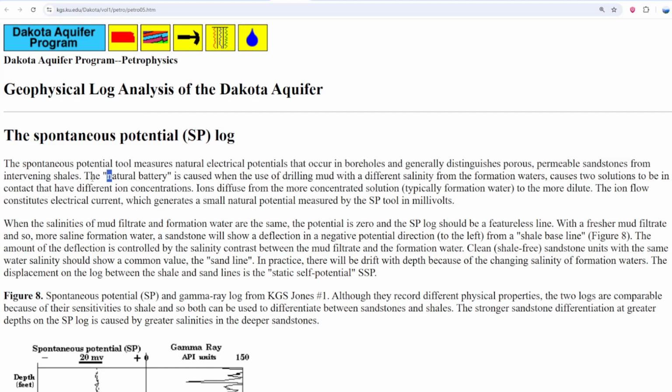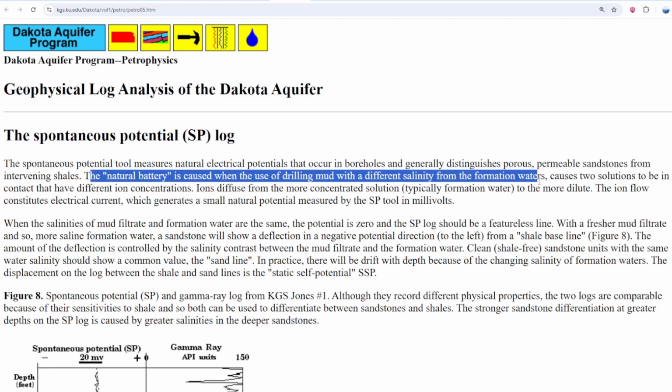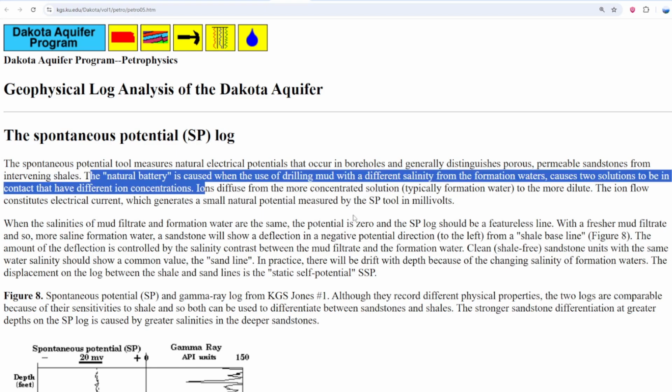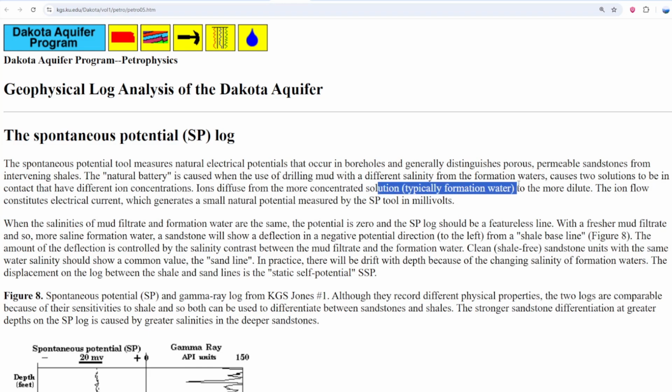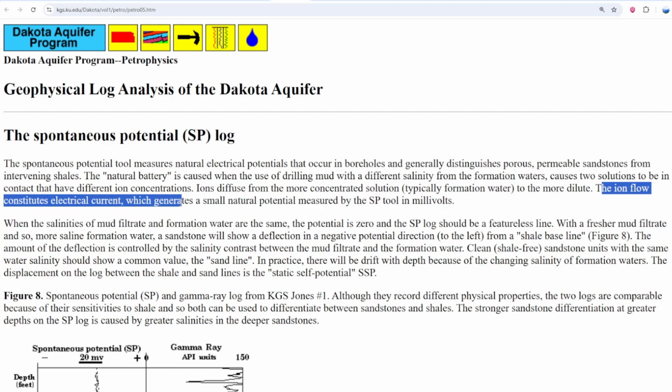The natural battery is caused when the use of drilling mud with a different salinity from the formation waters causes two solutions to be in contact that have different ion concentrations. Ions diffuse from the more concentrated solution, typically formation water, to the more dilute. The ion flow constitutes electrical current, which generates a small natural potential measured by the SP tool in millivolts.